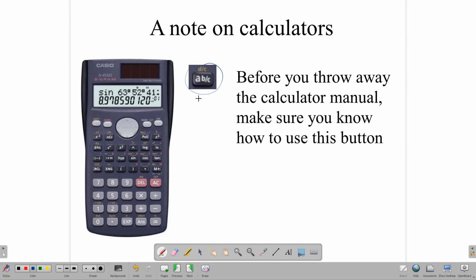So if you can find your manual, or get somebody to show you how to use it, or just play around with it from time to time and see how to use it. Very, very important button as it comes to fractions. Once you understand how to use this, you will not be getting any particular fraction question wrong, as long as you learn how to type it in correctly.